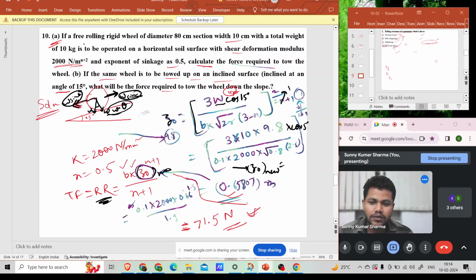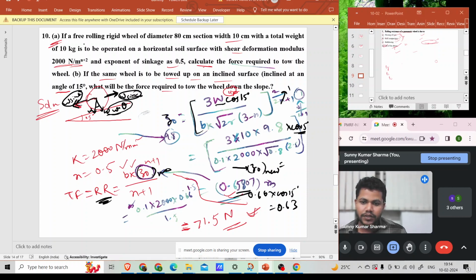So Z0, you calculate, you have just multiplied with cos 15 degrees. 0.66 into cos 15 is 0.63.